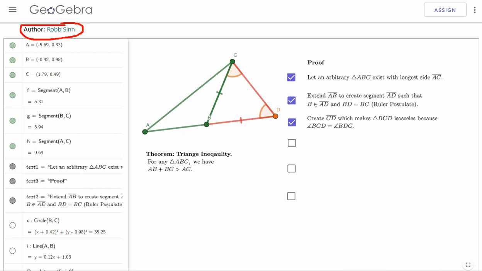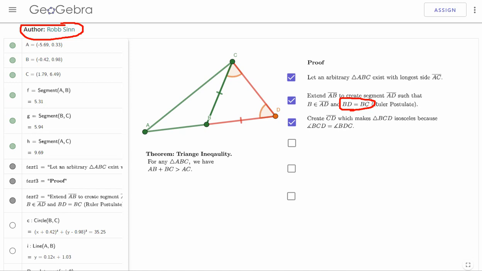And then I'm going to create the line segments CB and CD, right? So we've got both of these now, and they have equal lengths, right? Why? Because of the way we created this. Let me just point out that the way we created it, BD is equal to BC.